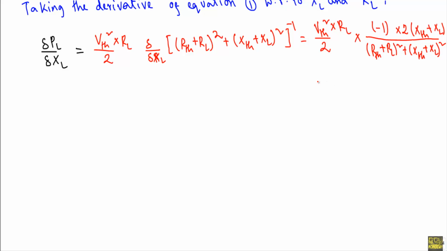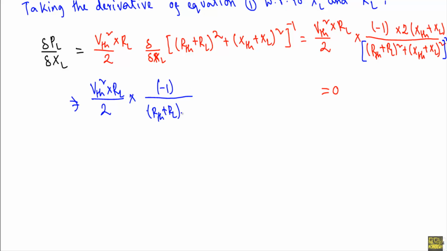Okay, and this will be equal to 0. If I write it clearly, I will get VTH square RL over 2 into minus 1, sorry, this will be whole square, RTH plus RL whole square plus XTH plus XL whole square into 2 XTH plus XL equal to 0.